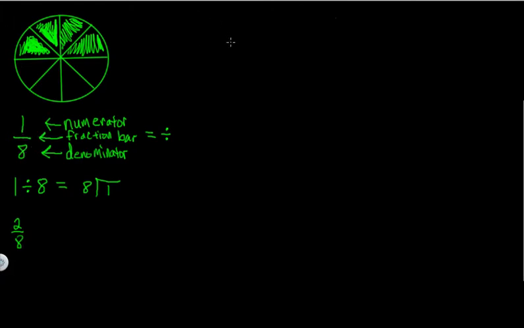Some fractions we have are called improper fractions. So what we just spoke about with the example of 1/8, these are examples of proper fractions. All right. A proper fraction is where the numerator is less than the denominator.